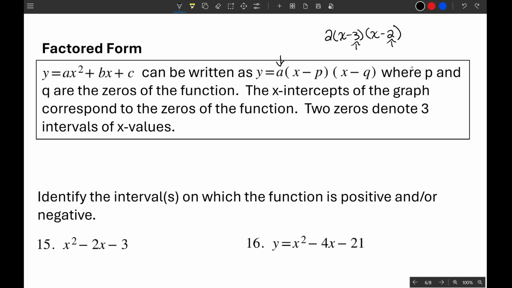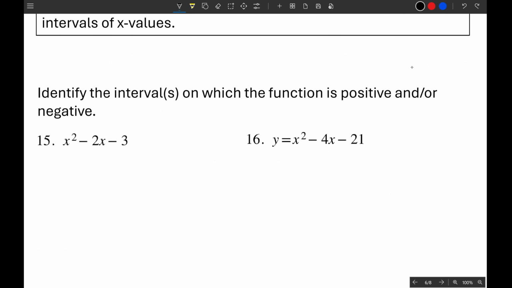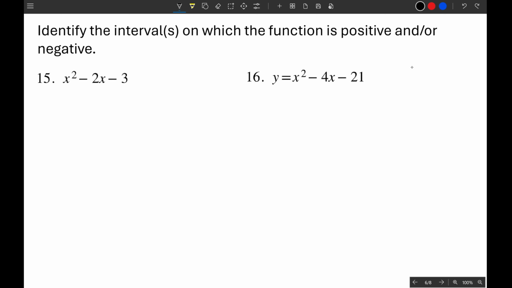The x-intercepts of the graph correspond to the zeros of the function, and the two zeros denote 3 different intervals of x values. So it kind of cuts it into pieces. So we are going to identify the intervals on which the function is positive and or negative.